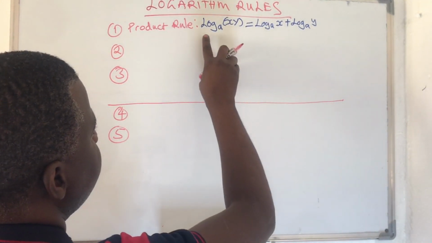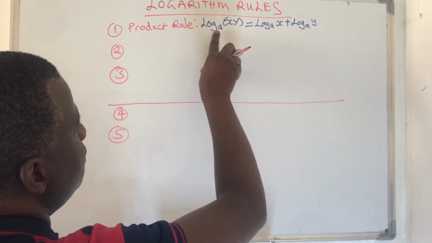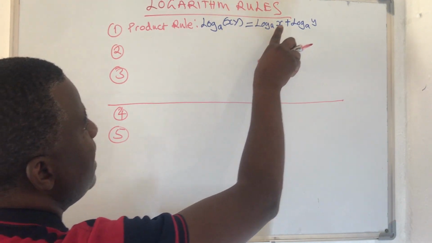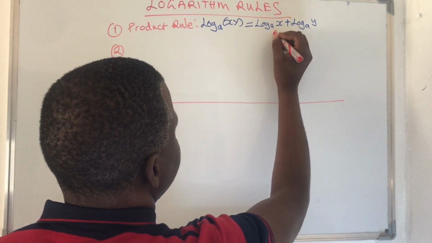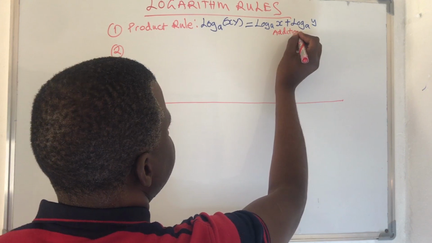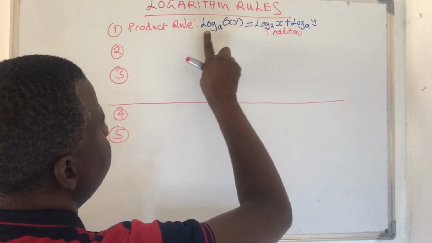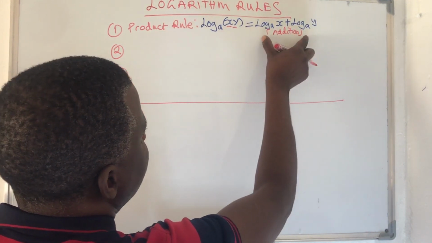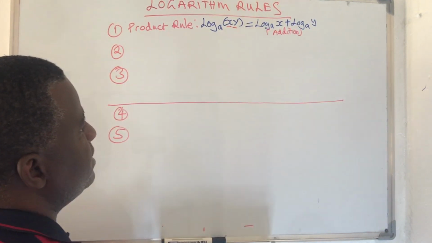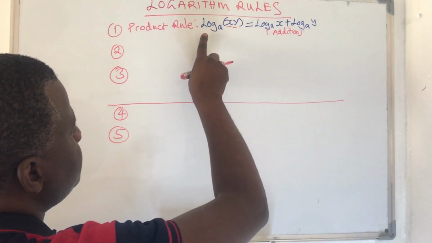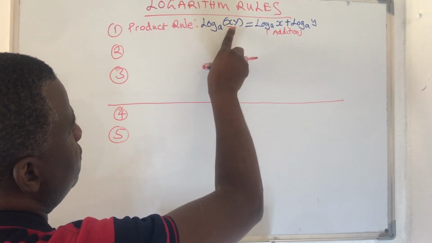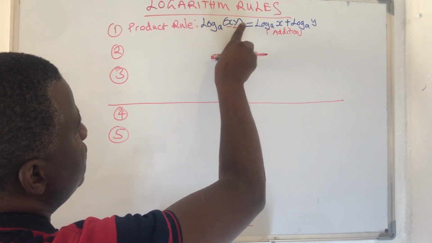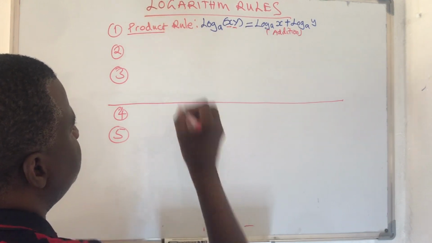What this rule is saying, the log base A of x times y is the same as adding the separate logs. You can see that we are actually adding the two logs. So what we've done, we've separated the x and the y, but we've added them together. If we have a log of base A where there is a product, no wonder it is called the product rule.